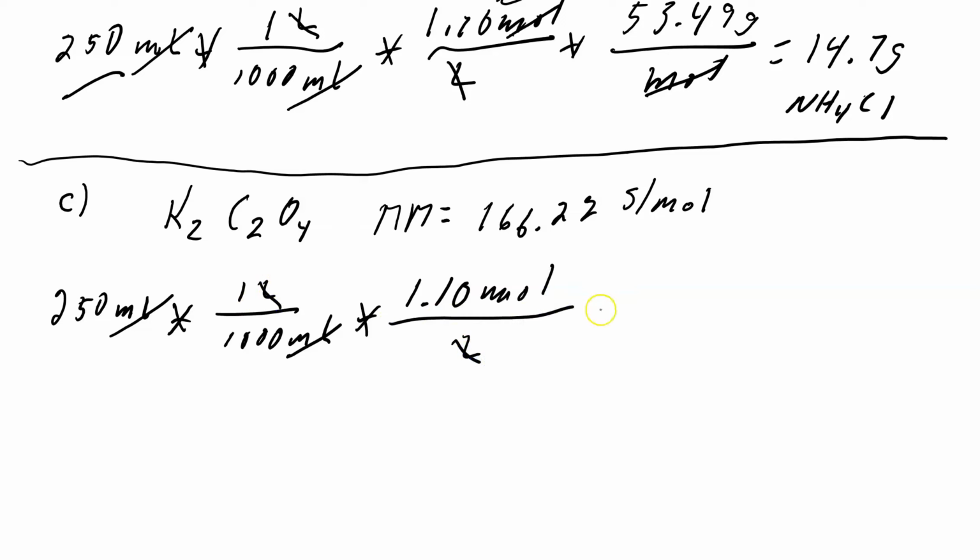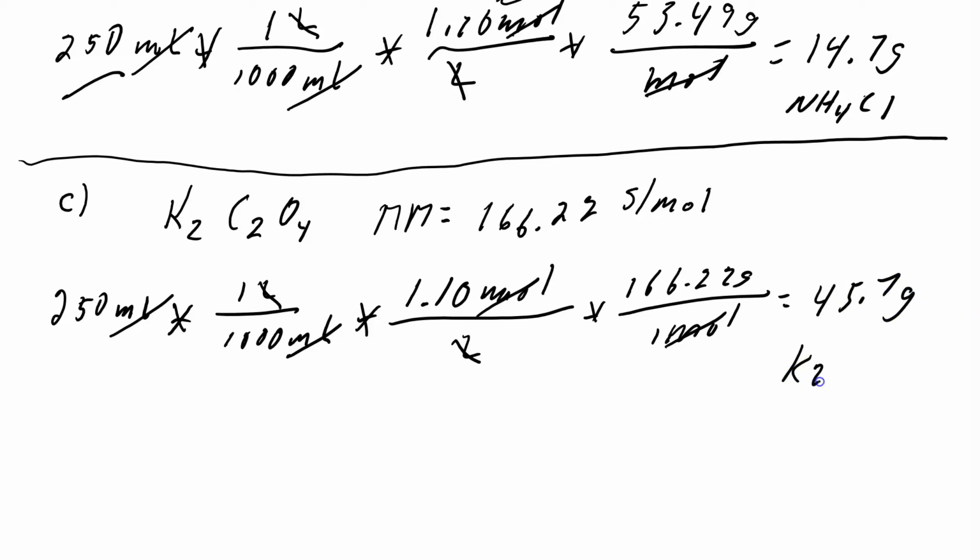And then using the molar mass, we're going to convert moles to grams, 166.22 grams of potassium oxalate in 1 mole. So moles cancel. We have grams again as before, nothing new there, 45.7 grams of potassium oxalate is required to make up this solution to the desired concentration.